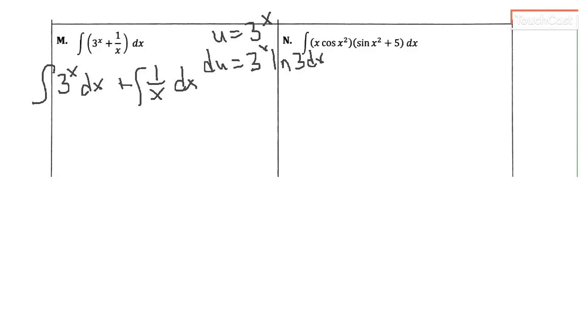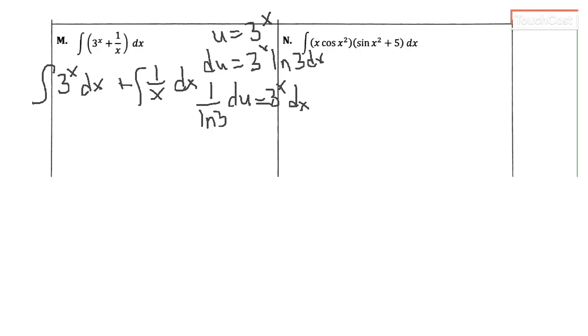We're going to take and divide by our natural log of 3. So we're going to have 1 over the natural log of 3 du equal to 3 to the x dx.